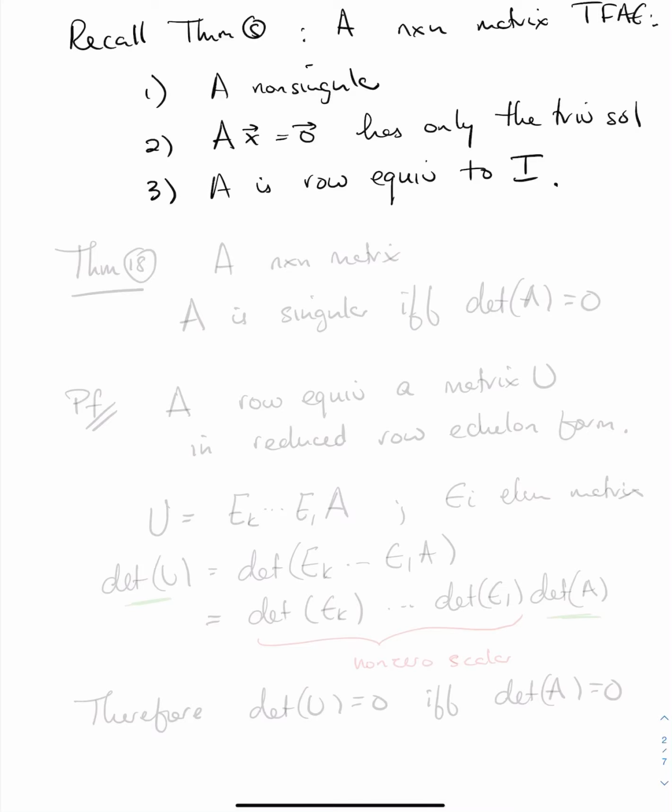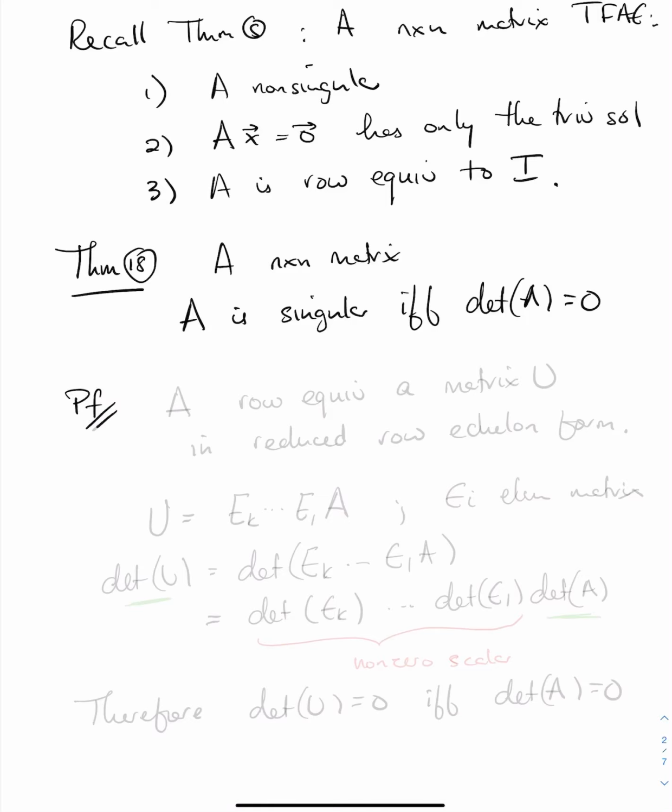Now let's prove the thing that we have been basically working up to for quite some time now. Theorem 18. If A is an n by n matrix, A is singular if and only if the determinant of A is equal to 0.